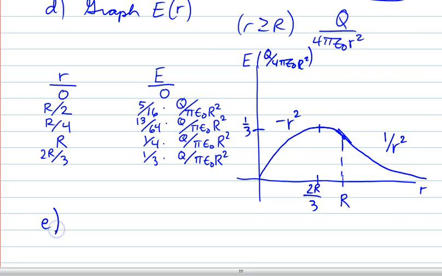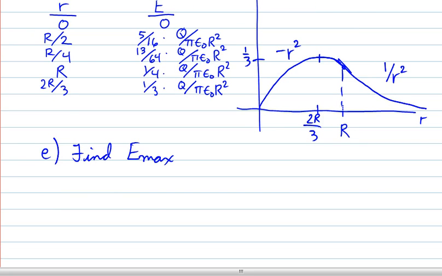Finally, for part E, we are asked to find the maximum value, and this occurs at 2R over 3. The reason I knew this is that I'd solved the problem before doing this video.